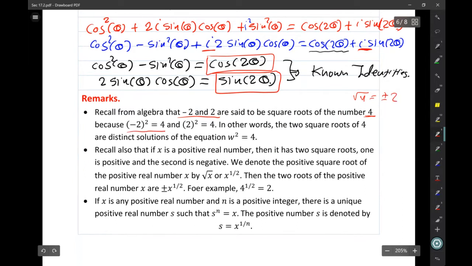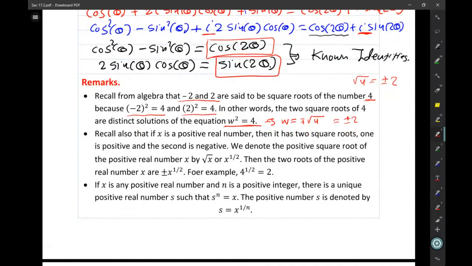Because minus 2 square is equal to 4 and 2 square also is equal to 4. Now that means the square roots of 4 are distinct solutions of the equation w square is equal to 4, because this implies w is equal to positive or negative square root of 4, which is positive or negative 2. All right? We know this one from algebra.